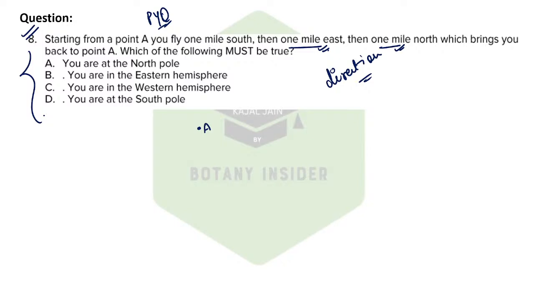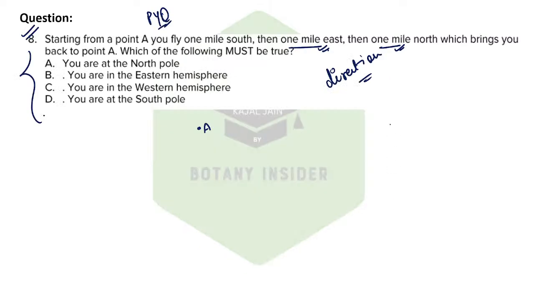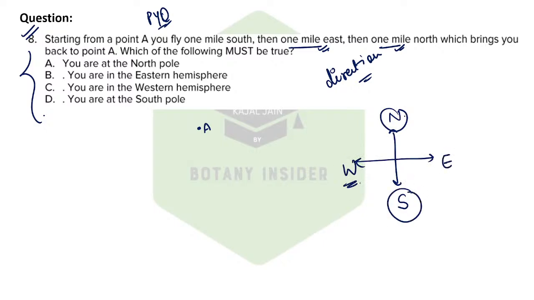Try the question, everyone, then we'll be discussing. See over here, talking about the four directions. If I make a compass, this is the north side, this is the south side, this is the east, and this one is the west side, right?